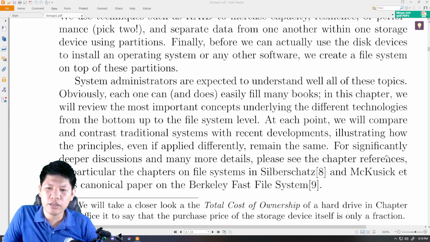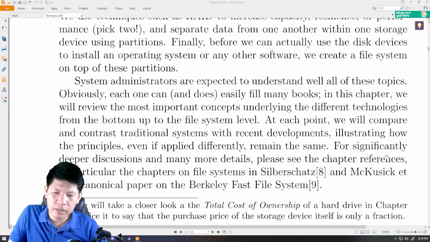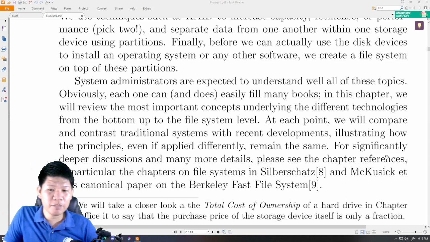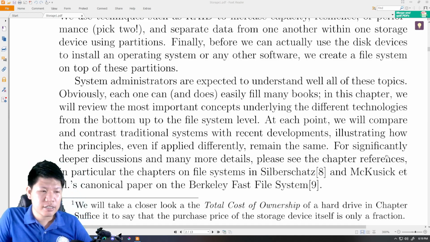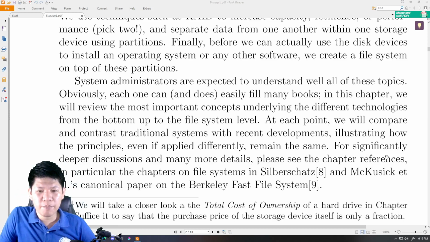So if you want to learn more about file systems, the best author that we have used when I was still in college and even in my master is Silberschatz. So storage media and file system is his major or mastery.